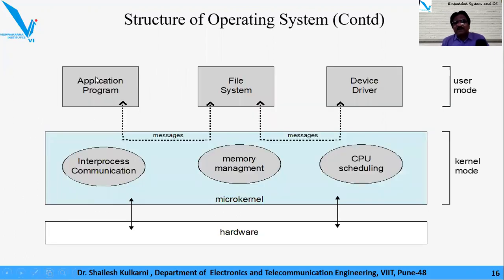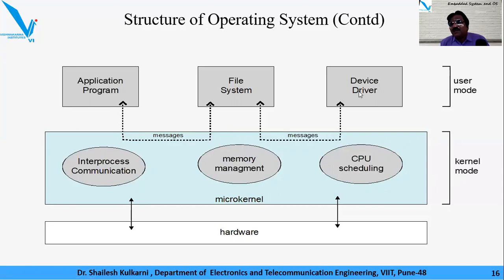You can see in this diagram of a microkernel OS that if the application program, file systems, or device drivers are written in user space, the interaction among these modules happens with message passing interfaces that route through the kernel services.